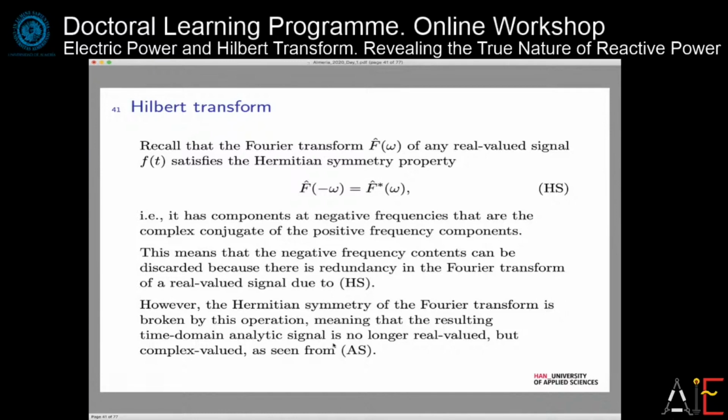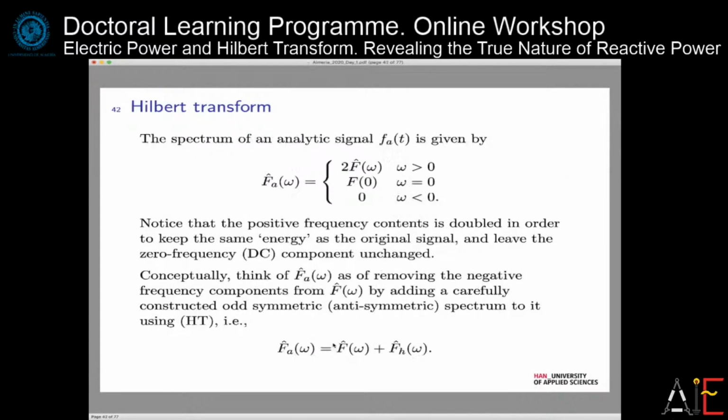What it essentially is doing is that you very carefully construct an antisymmetric spectrum to your real signal such that you kill the negative frequency part. And the cost of that is, of course, that the amplitude will double. That's what I showed previously in the spectrum of this rotating unit phasor, that you saw that this Dirac component is twice as high.